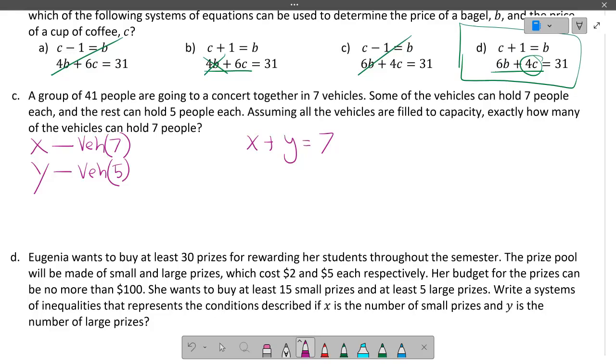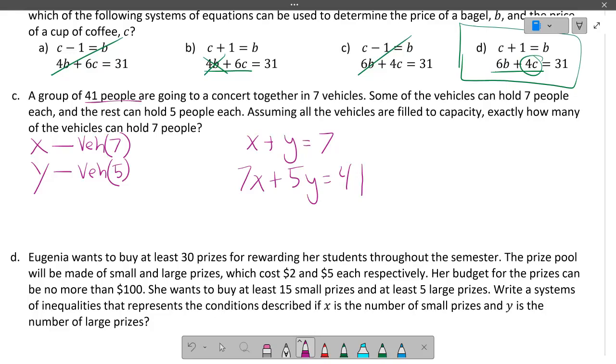All right, another relationship. Here we go. 7 people per 7 passenger vehicle, 5 people per 5 passenger vehicle gives us 21 passengers total.